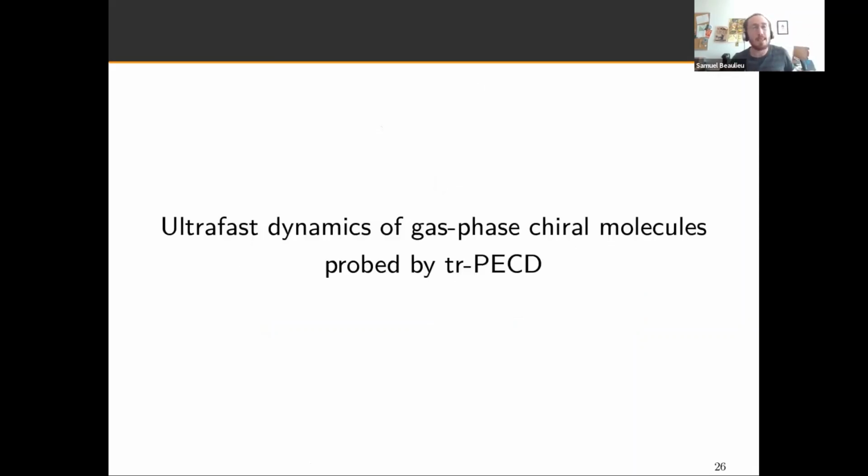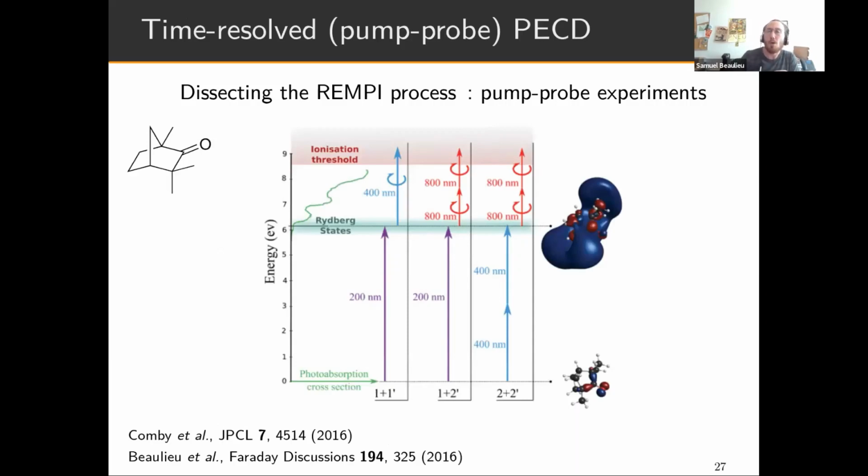So first, let's tackle the question of ultrafast dynamics of gas phase chiral molecules. The idea is to extend the static REMPI PECD scheme of Lux and coworkers to a pump probe scheme. It's quite simple.